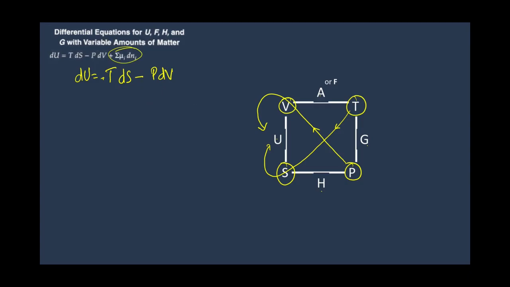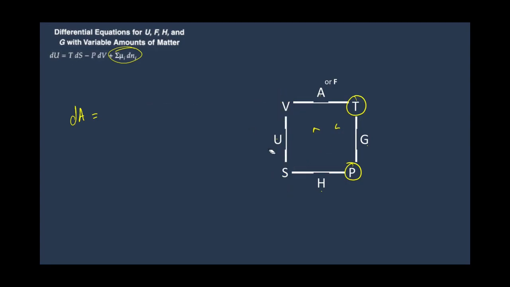Then going to the next, if we write for dA, how can we write for dA? I'll erase all of this.